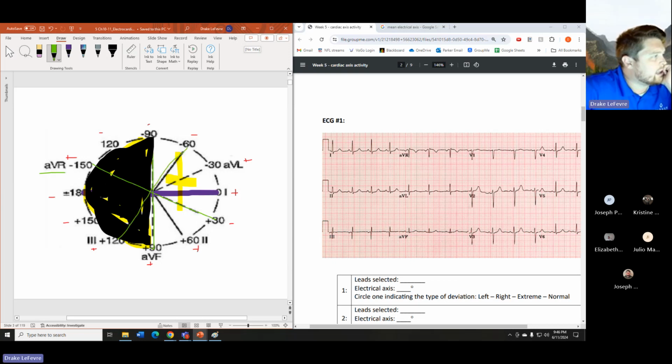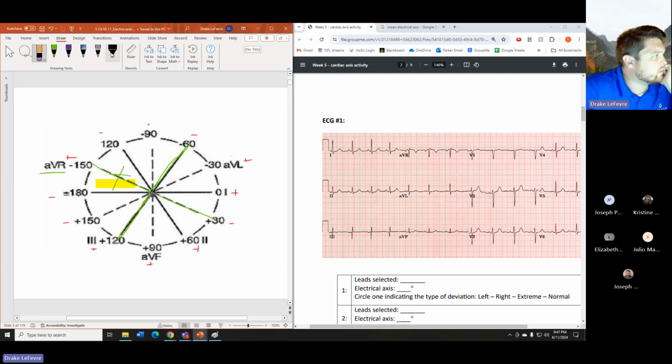It's this line right here, 120 to negative 160 right there. So we look at our AVR. Towards this direction, this is positive. Let me get rid of some of this so it's a little bit easier to see. This was all shaded in.